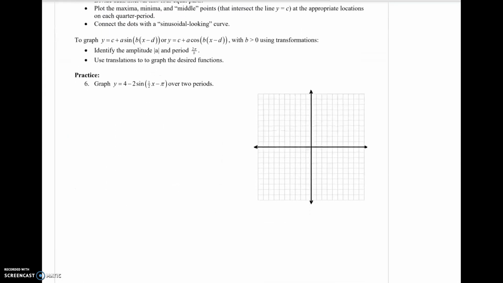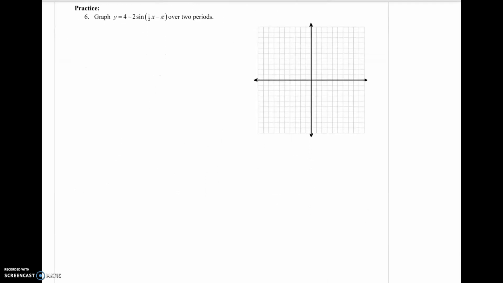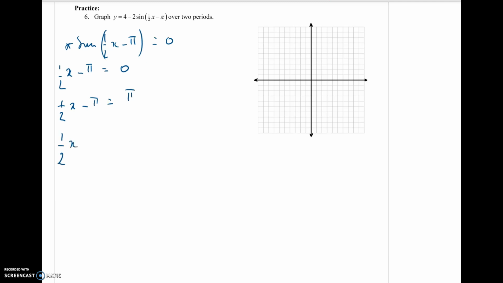This is the summary. I'll let you finish also the practice for number 6 when you have 4 minus 2 sinus 1 over 2 x minus pi. With the same idea, you can say that the sinus of 1 over 2x minus pi will be equal to 0 when the angle 1 over 2x minus pi equals 0, or when 1 over 2x minus pi equals pi, or you can also say when 1 over 2x minus pi equals 2 pi.